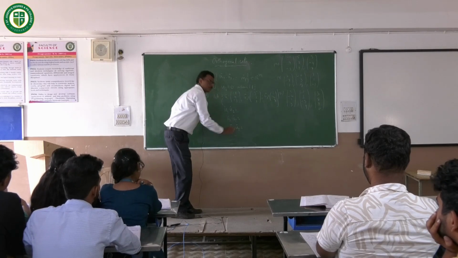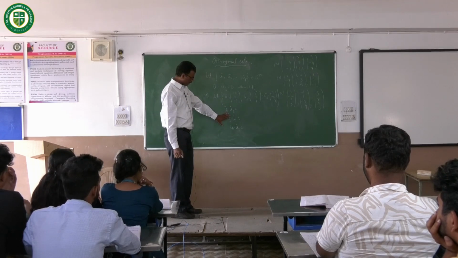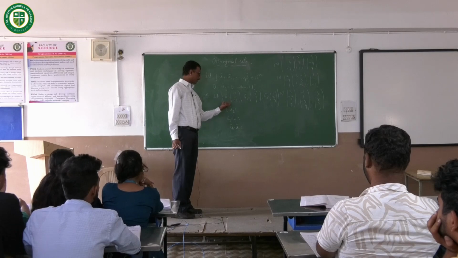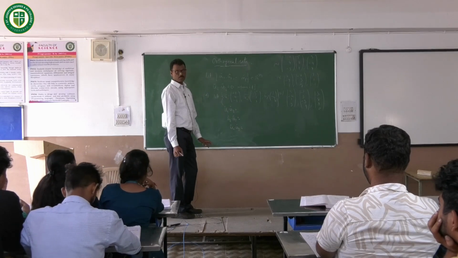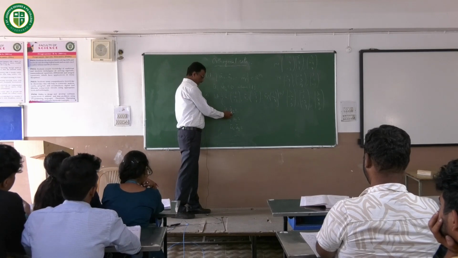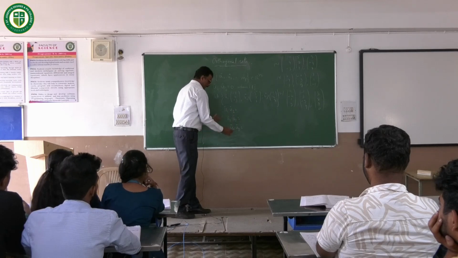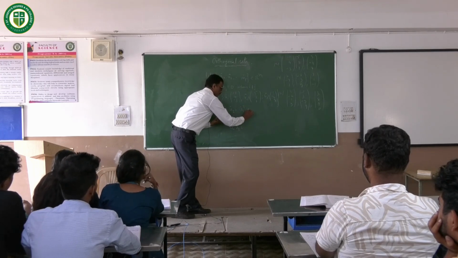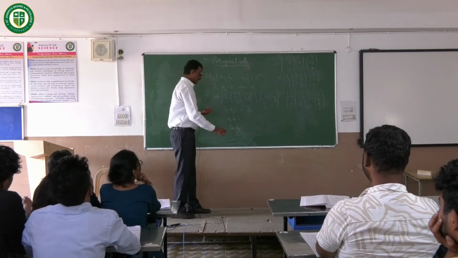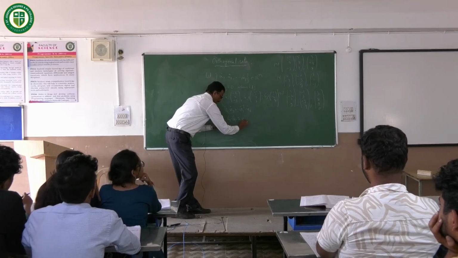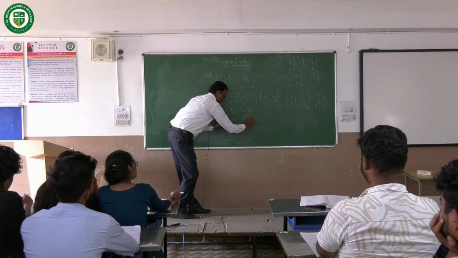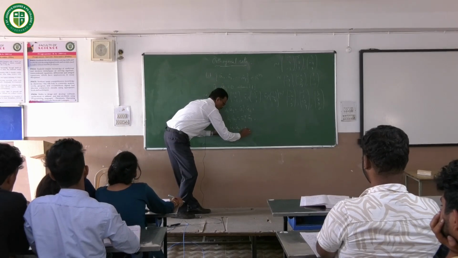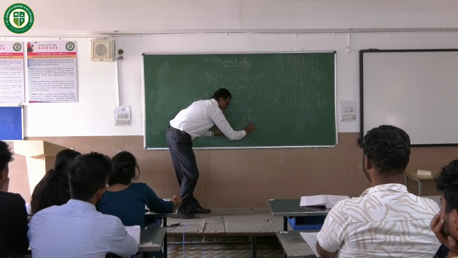If these three products are equal to 0, then the set of vectors is orthogonal. So now u1 bar dot u2 bar, I will write as the inner product, the formula is u1 bar transpose into u2 bar. In the same way, u2 bar transpose into u3 bar, then again u1 bar transpose into u3 bar.